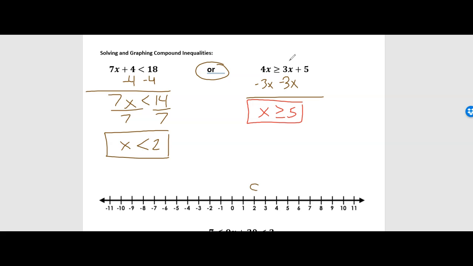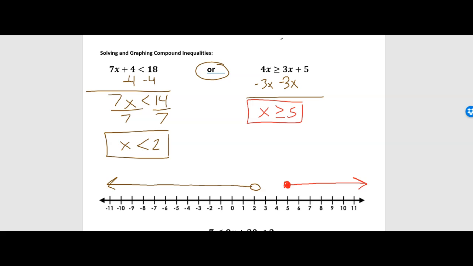And because it's a less than, it's going to be an open point, and it's going to go this way because these are the numbers less than 2. Then we have x is greater than or equal to 5. Because it's greater than or equal to, I have a closed point, and I'm going to draw it in the direction of numbers that are greater than 5. So this would be my graph.